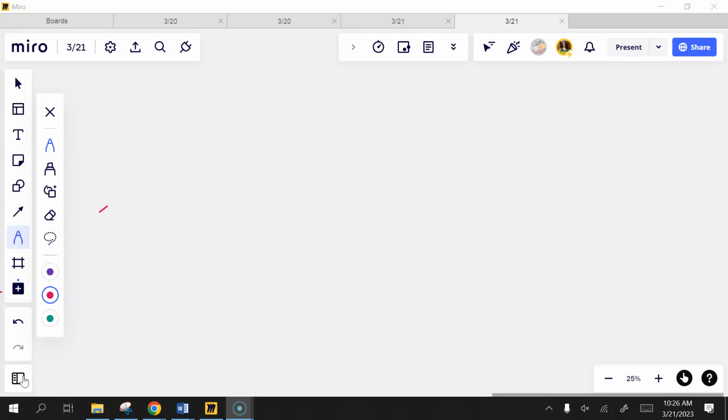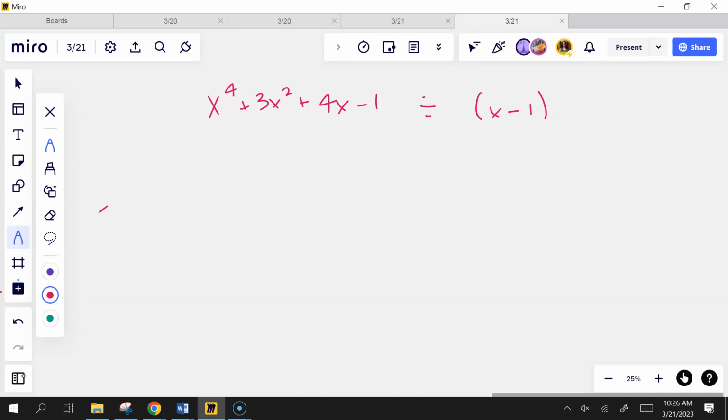So just as a review of synthetic division here, we have a problem. X to the fourth plus 3x squared plus 4x minus 1 divided by x minus 1. So divide that real quick and see what you get. And let's talk about some terminology here and what looks like what.